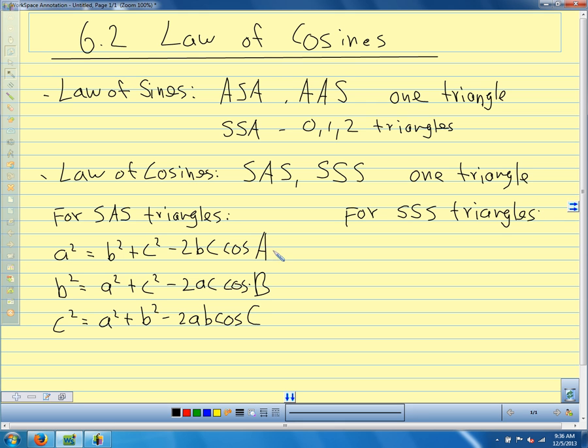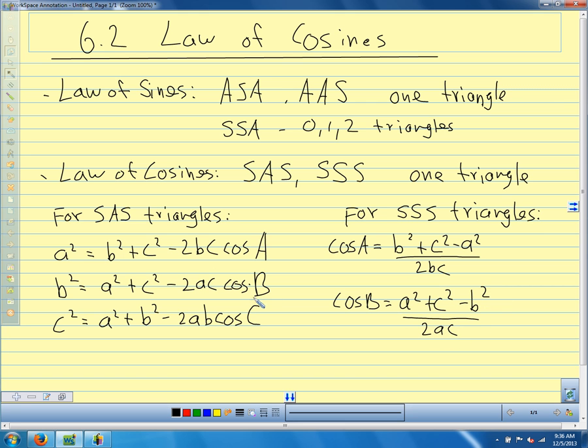So if I solve these for the angles, I get cosine A, and for cosine B, and all I'm doing is solving this for the cosine of B, and then finally for the cosine of C.